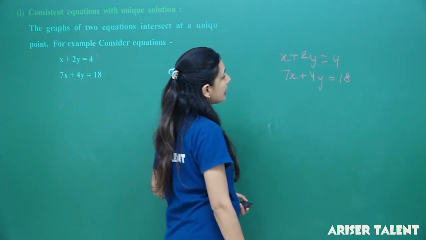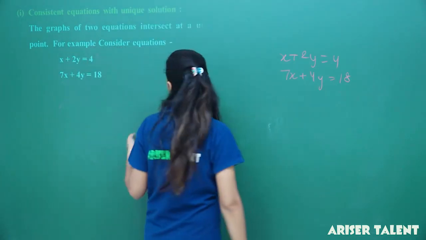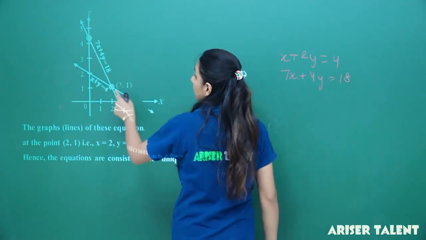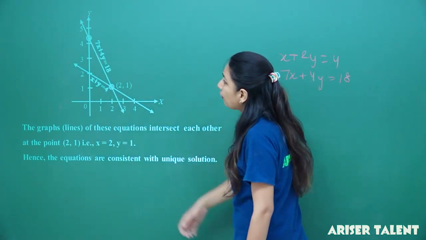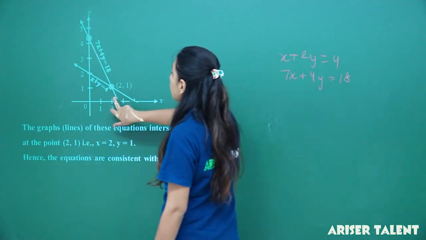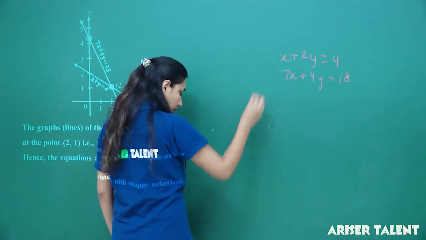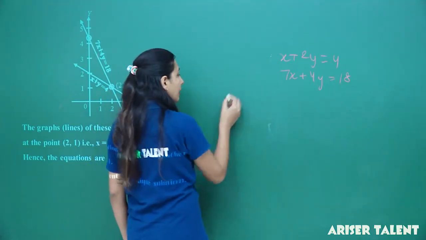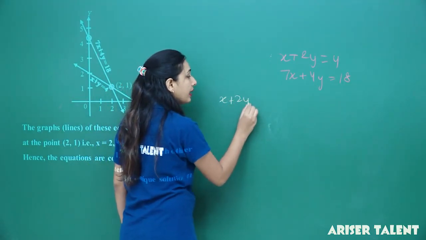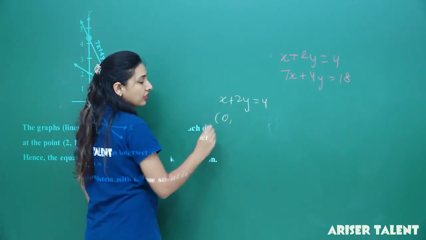Okay, so in this case, what will I do? I'll solve these equations and I'll get this point, right? The graph of this equation and the graph of this equation meet at (2, 1). So what does that mean? I have x plus 2y equals 4. Now I am putting the value x equals 0.